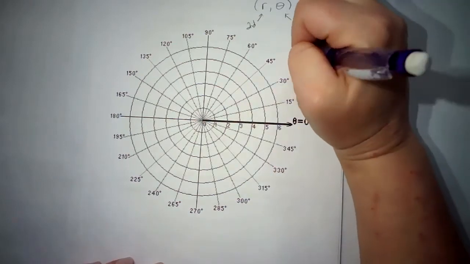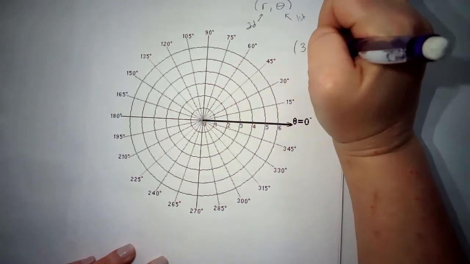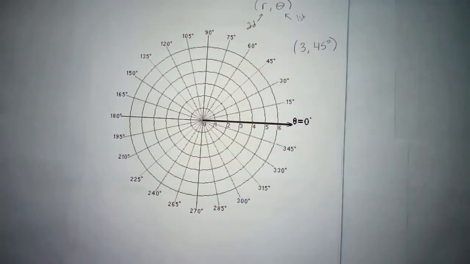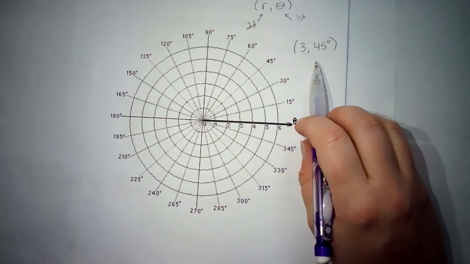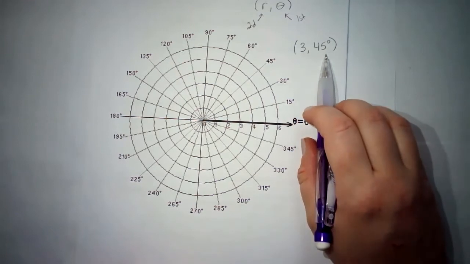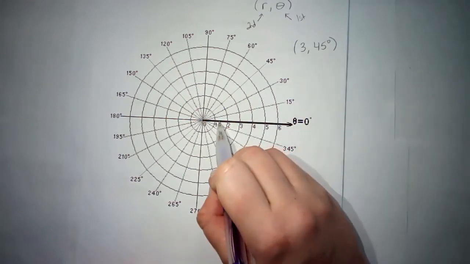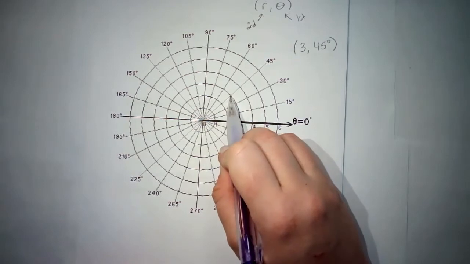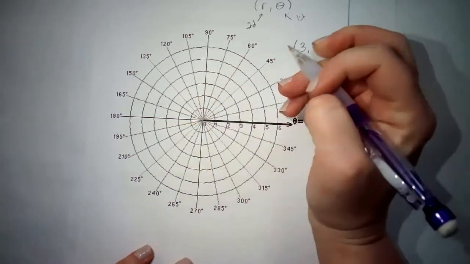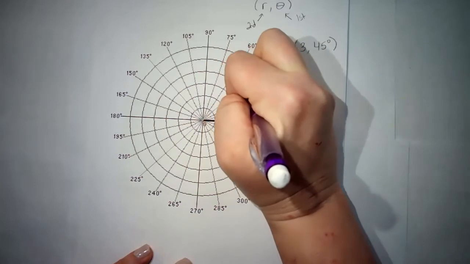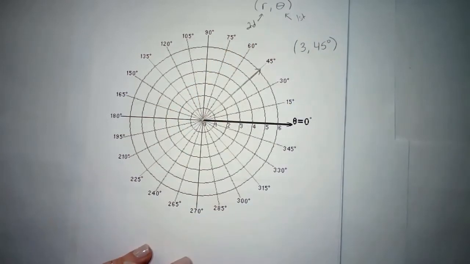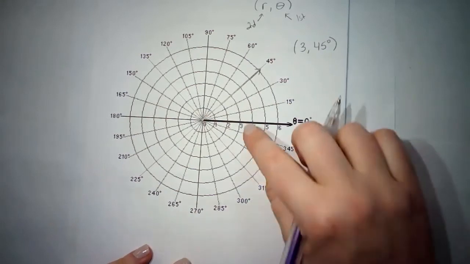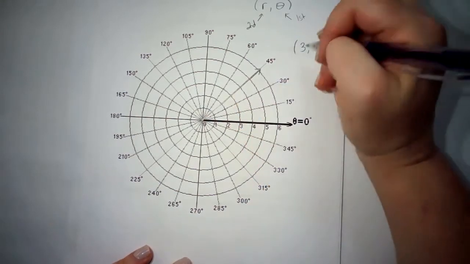Okay, so let's say, for example, this was your point. They wanted you to graph in polar world. Okay, kind of looks weird, right? But that's the point. Okay, first thing you're going to do is 45 degrees. So you're going to start here, and you're going to go up to 45 degrees. And then you're going to create what we call a polar axis at 45 degrees. It just means you put a line there coming from the pole at 45 degrees.